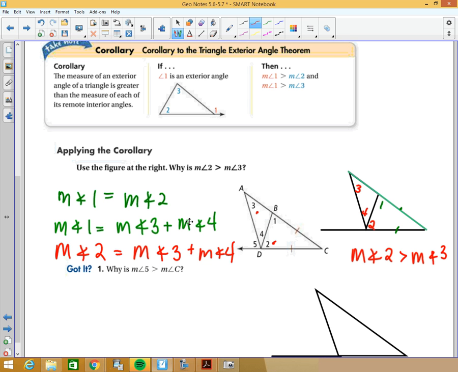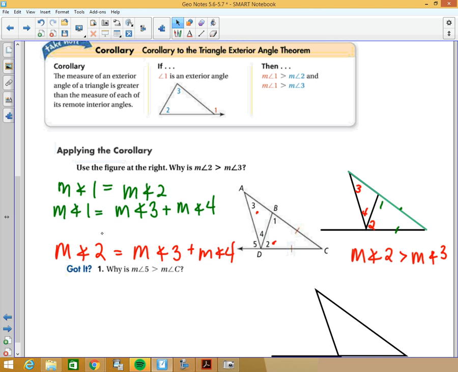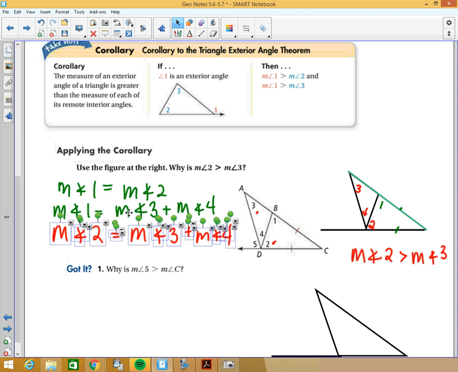So how did we show that the measure of angle 2 was greater than the measure of angle 3? First, we used the isosceles triangle theorem, then we used the exterior angle theorem, then we used substitution. Questions?